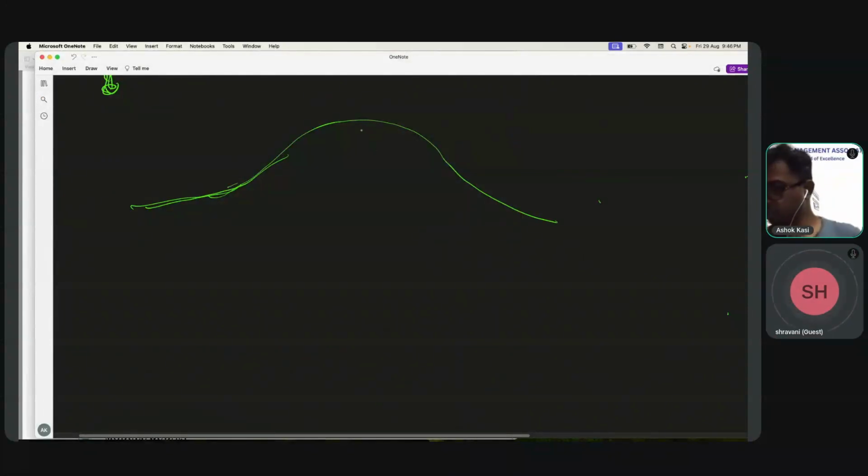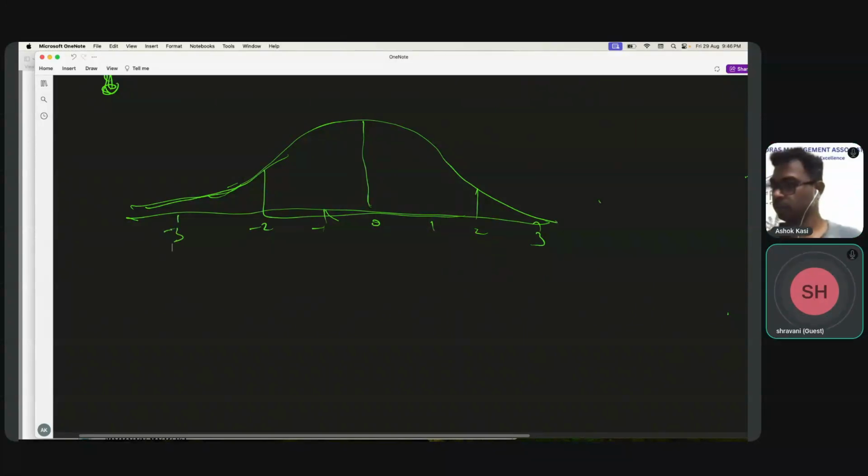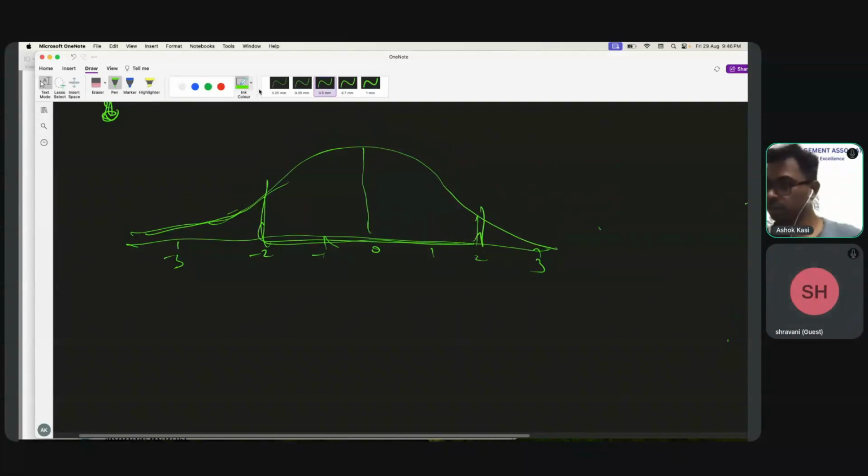This is a normal distribution. So 90 will come somewhere here. This is 0, 1, 2, 3, minus 1, minus 2, minus 3. So this is 90, and this is 90. 95 should come somewhere. 90 will be this much, right?